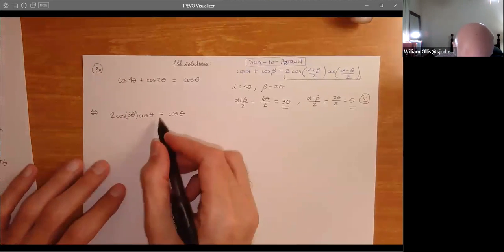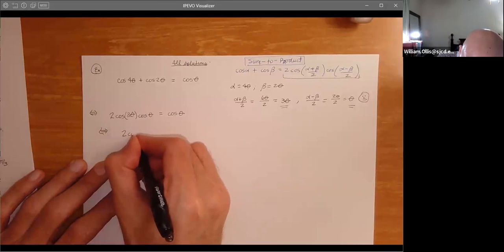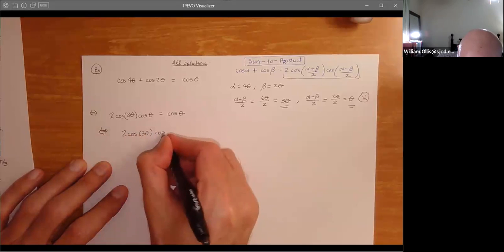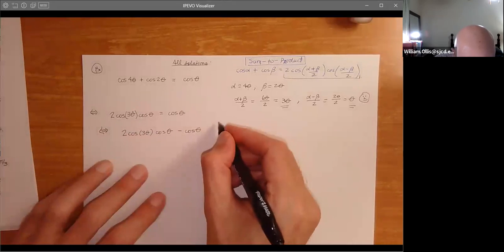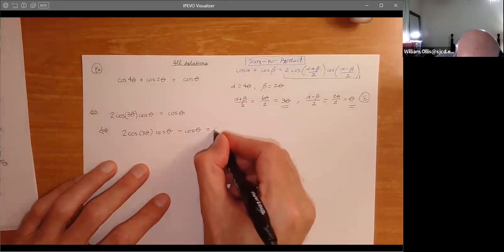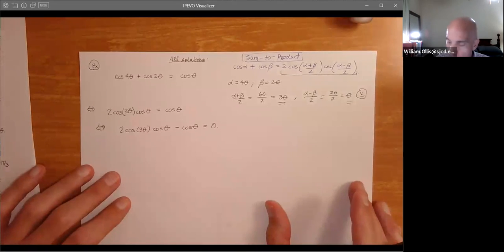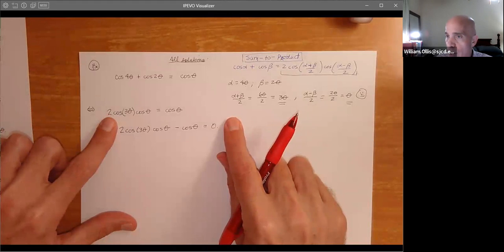So now when we look at this, if and only if 2 cosine 3 theta cosine theta minus cosine theta equals 0. So this kind of runs everything into the proper realm. Now, for instance, if I had just given you this equation, this would have been like one we've already solved.